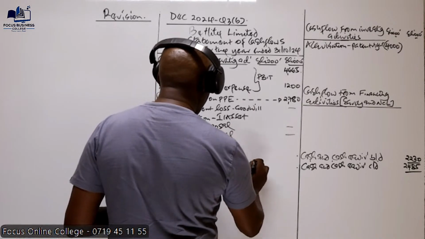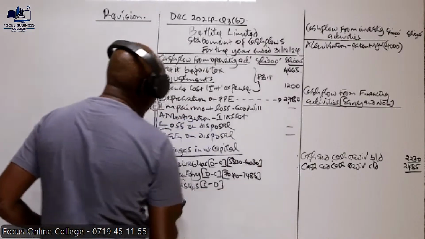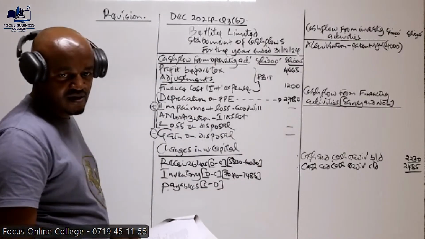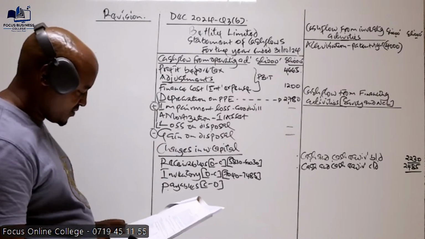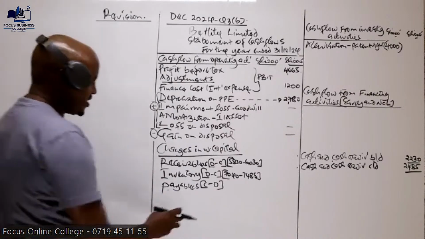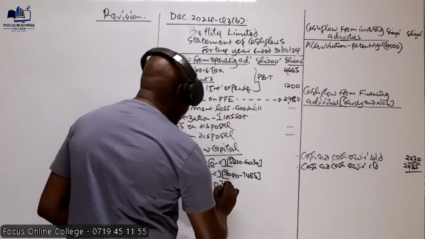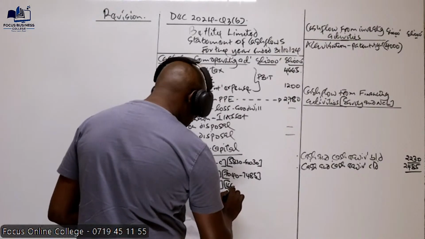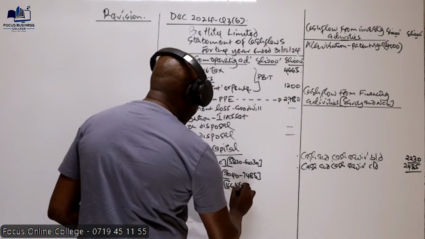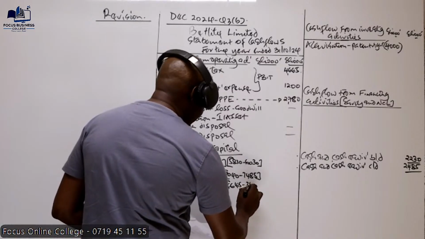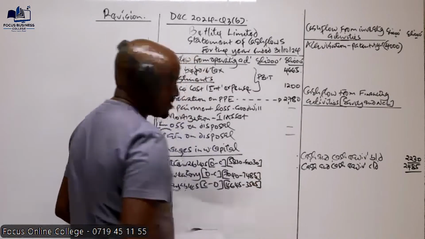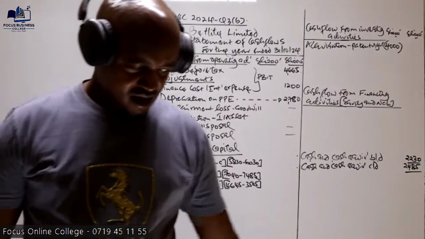Then we go to the current liabilities in our balance sheet. Under the current liabilities, we consider payables. For payables, we are taking closing minus opening, so closing is 4645 minus 3505. Can we get the final values?